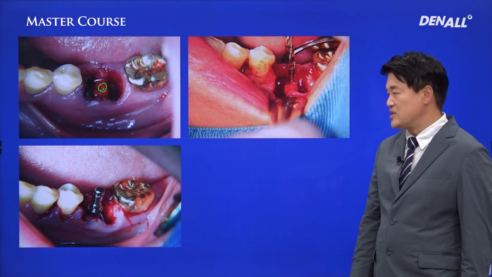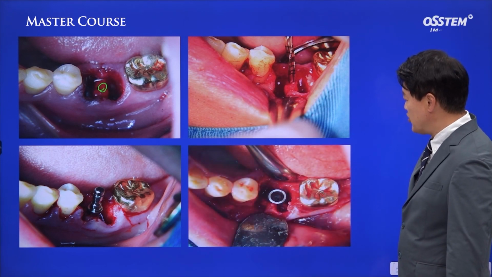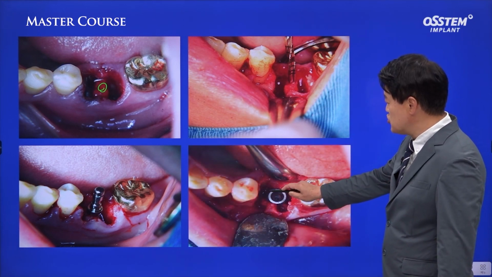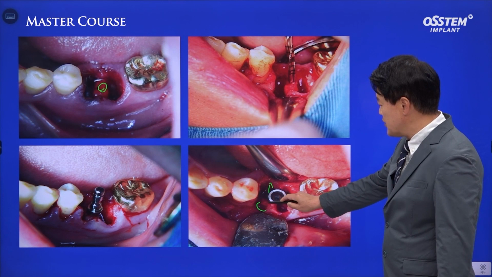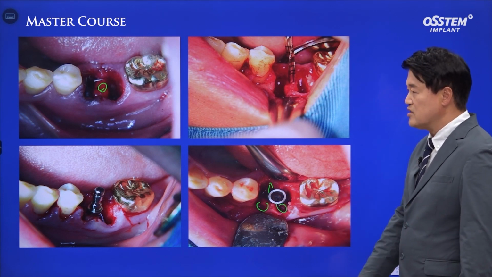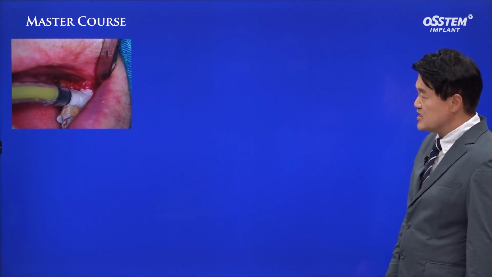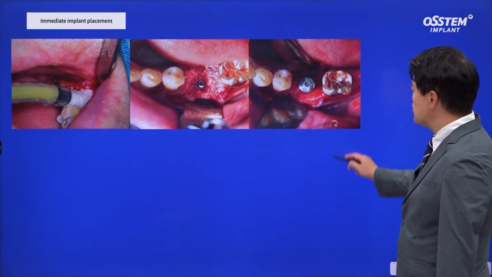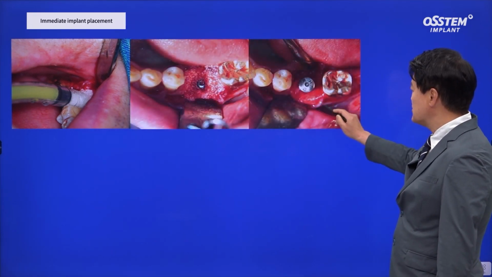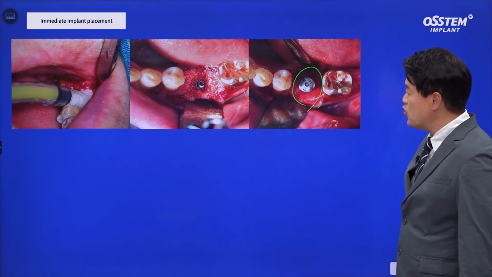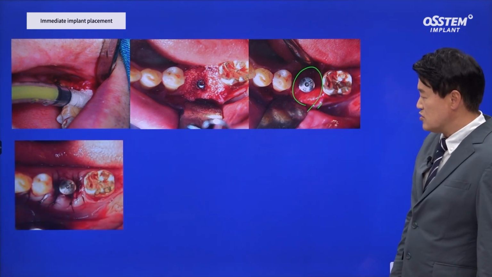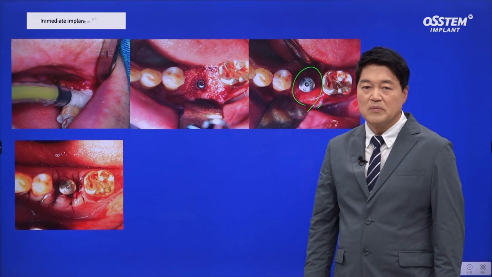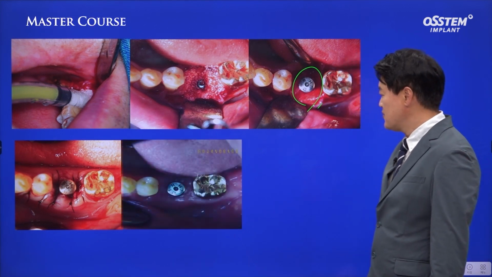Implant was placed. It was slightly placed lingually and gap was formed on the buccal side. GBR was done. In order to manage soft tissue gap, a resorbable membrane was used and healing abutment was connected. Non-submerged GBR was done. This is after healing and prosthesis was delivered.